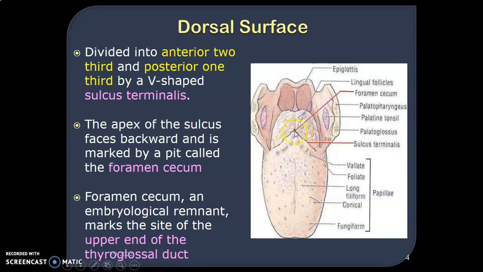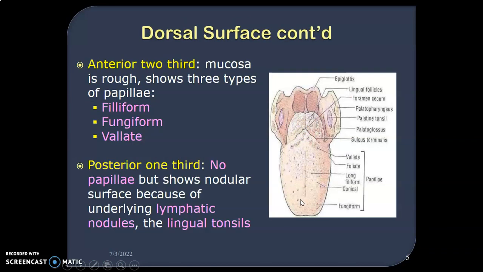Normally the thyroglossal duct is supposed to degenerate. So this foramen cecum is just an embryonic remnant of the upper end of the thyroglossal duct.